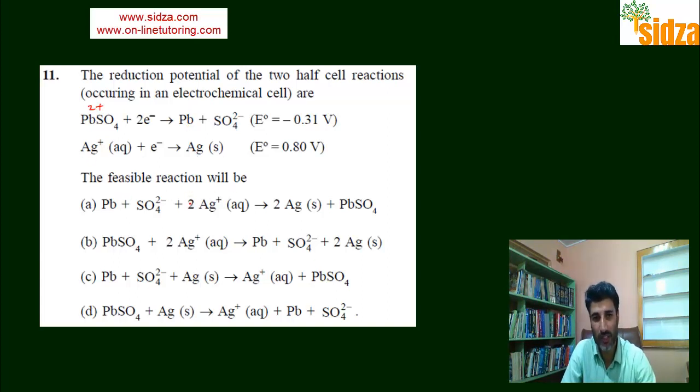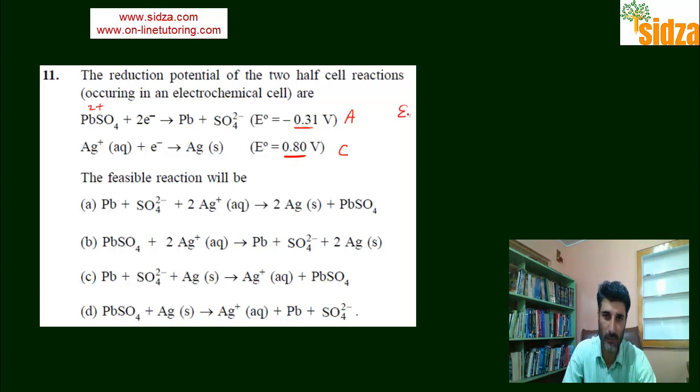The feasible reaction will be, we can see these two reduction potentials, and the reduction potential of silver is higher, 0.8, so it should act as the cathode, and lead will be the anode, since its reduction potential is minus 0.31, which is lower.